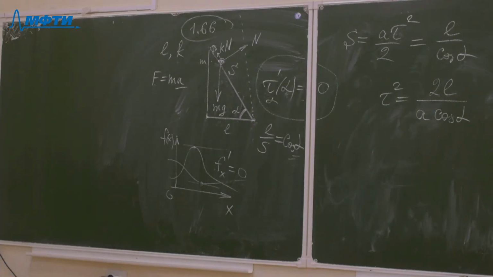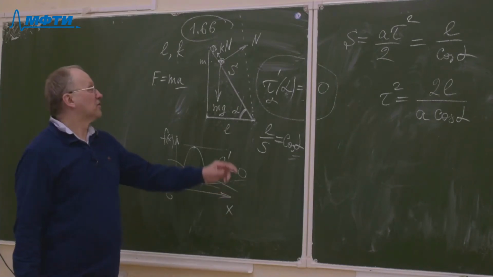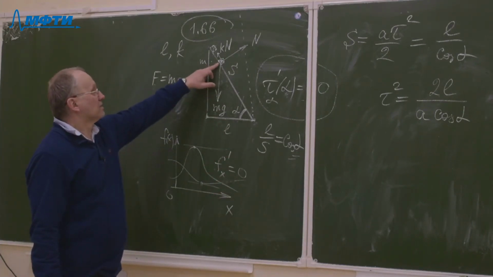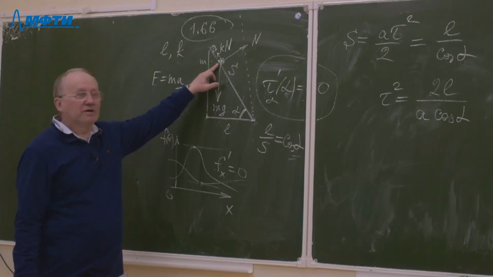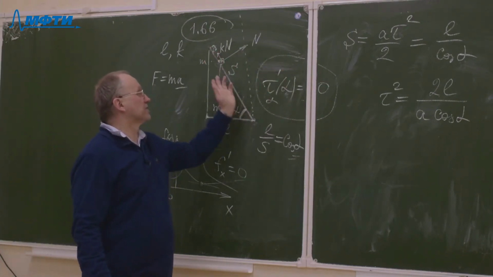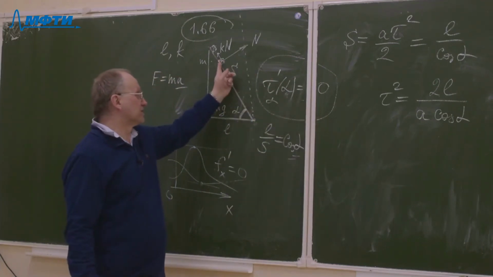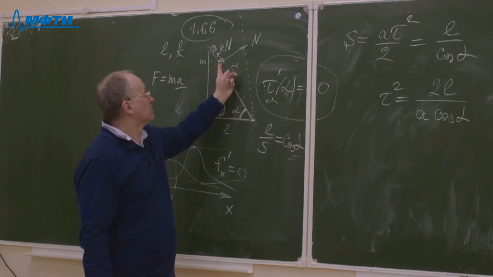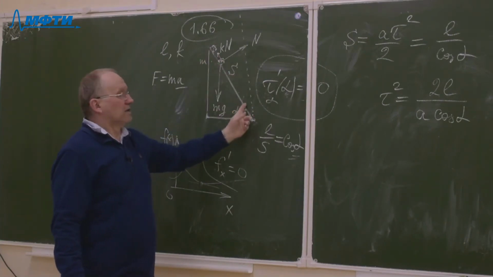In order to find the magnitude of N, we must take into account one simple observation about this body. We know that this body is unable to jump out of the surface and fly by its own. It has no legs to jump. It may only slide along the surface.